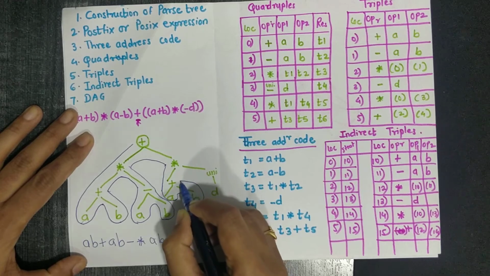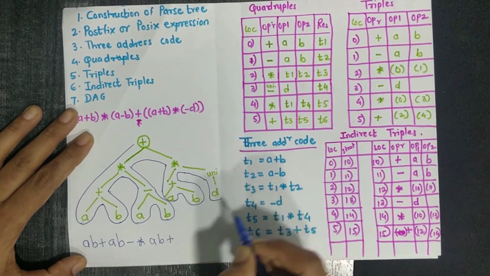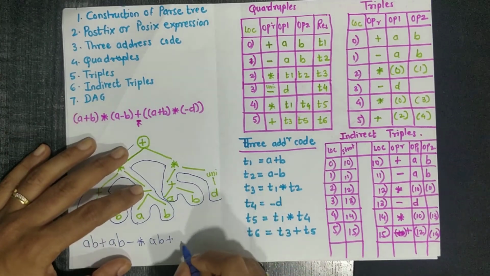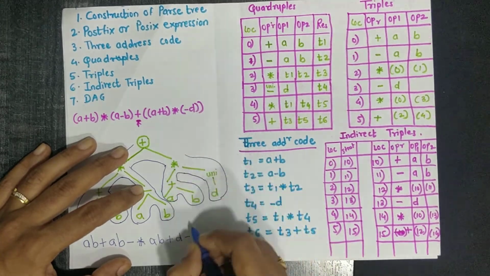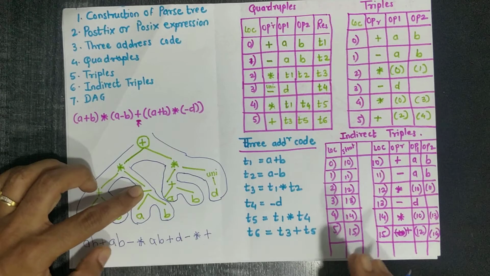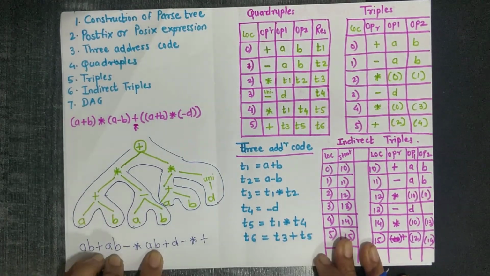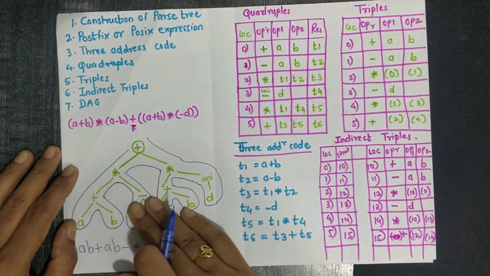Then the right side, that is your D variable, unary minus sign, then multiplication, and the last one is a plus. This is nothing but your postfix expression for this expression or this tree.